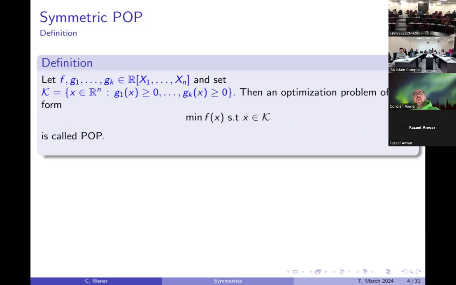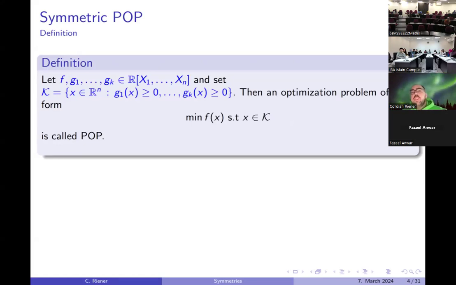Let's start with the actual new thing. We want to talk about symmetric polynomial optimization problems. POP stands for polynomial optimization problem, and by this I will mean the following. Again, we have a bunch of real polynomials f, g_1 up to g_k.